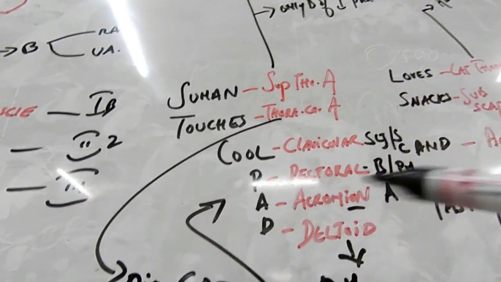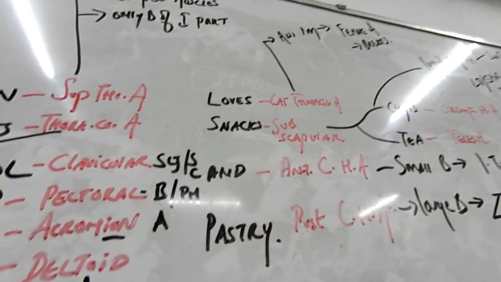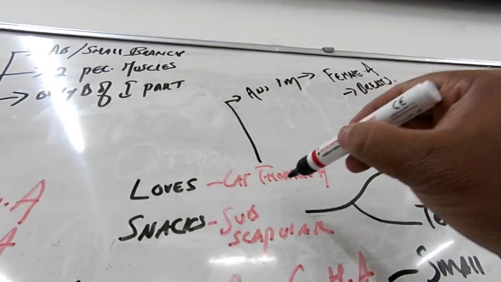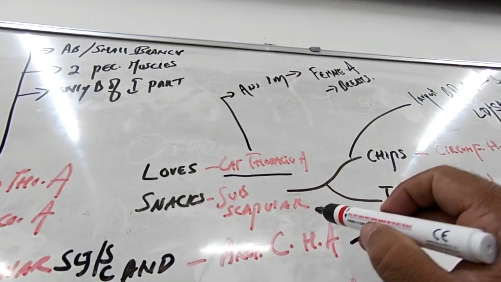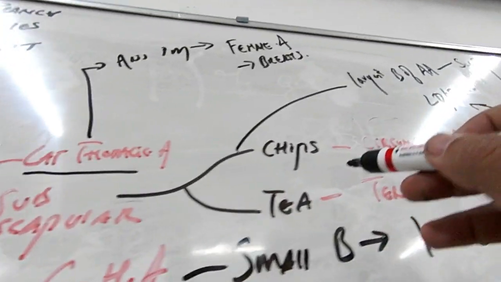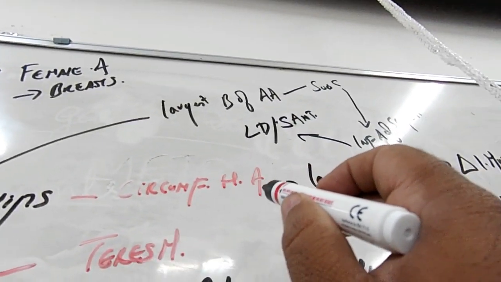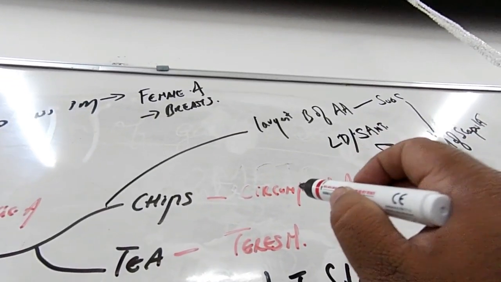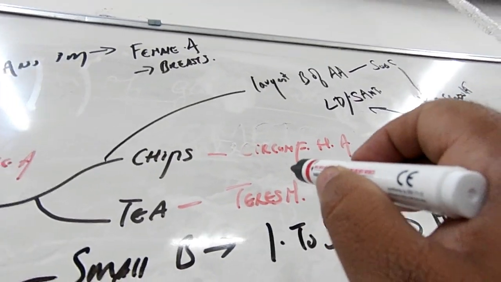Suman touches cool pad. When you are using mobile, what is the next thing you have? You love snacks, right? So from L comes the lateral thoracic artery. From snacks comes your subscapular artery, which is further divided into chips and T. Chips, we have the circumflex scapular artery, which is the largest and most important branch. And from T, we have an artery going towards the teres major muscle.